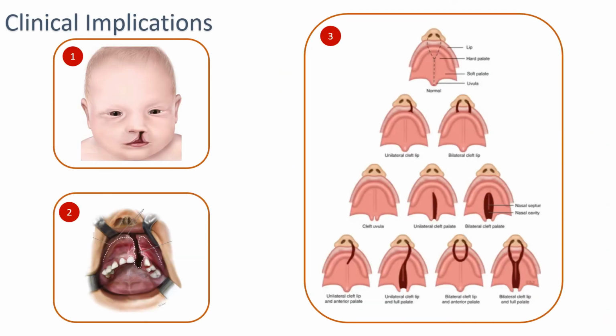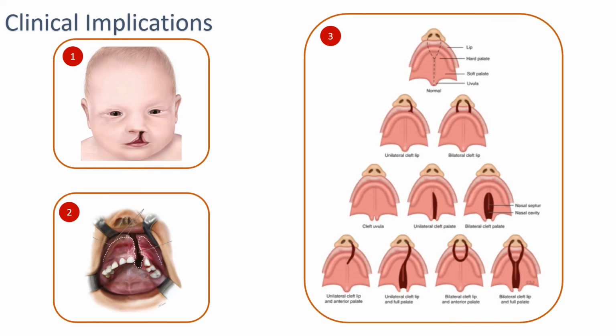And finally, some clinical considerations to take note of in the event of any anomaly during the development of the palate. Of course, the most common would be cleft palates or cleft lips. And depending on the severity of such clefts, there might be clinical implications for things like speech and even eating.